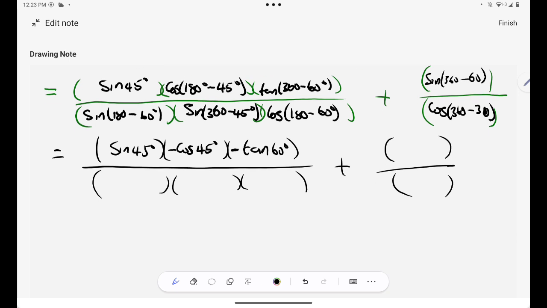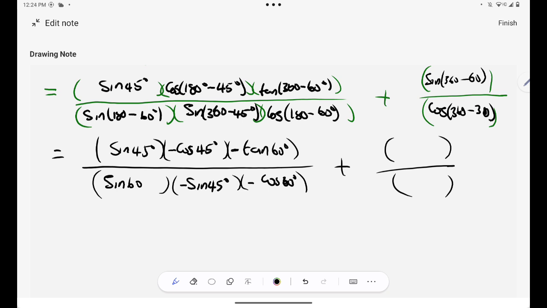And then now at the bottom I have sine of 180 minus 60. 180 minus is in the second quadrant where sine is positive, so I'll simply have sine 60, and then 360 minus is in the fourth quadrant, sine is negative, I'll have a negative sine 45. 180 minus is in the second quadrant, cos is negative, I'll have a negative cos of 60.